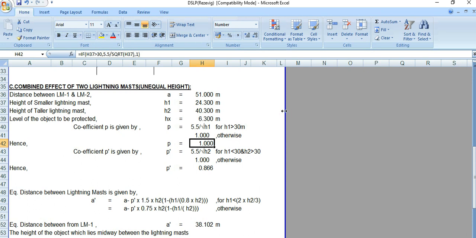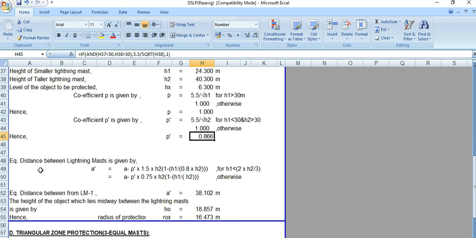And for the coefficient P dash, this formula is applicable: P dash equals 5.5 by root H2, because this H2 height is greater than 30 meter, so this is coming as 0.866.